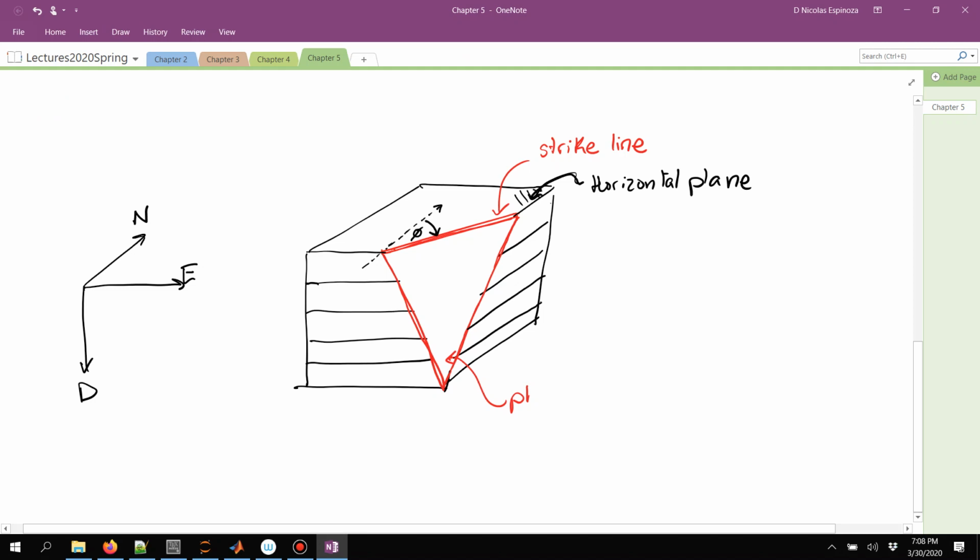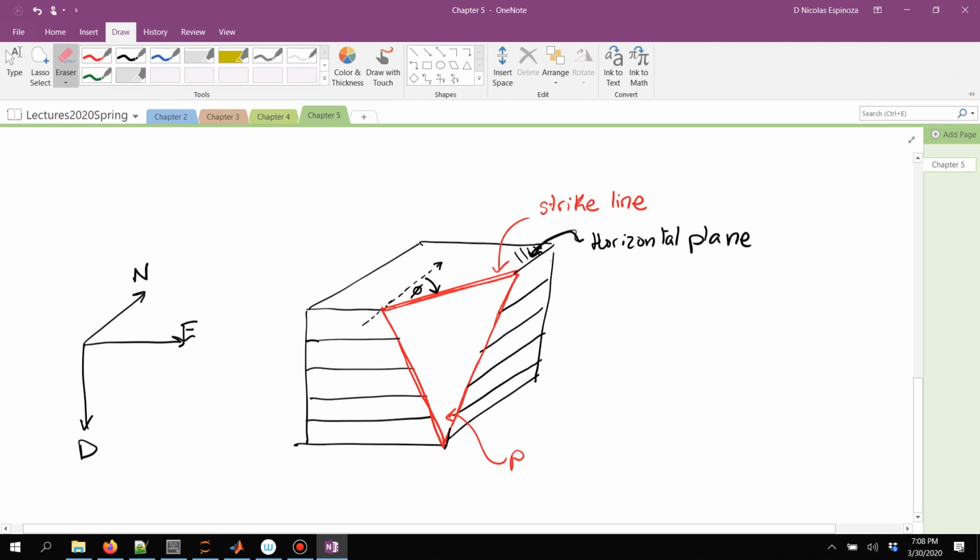This is the plane of the fault. And that's going to be the strike.